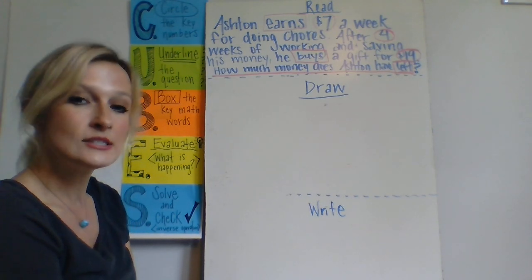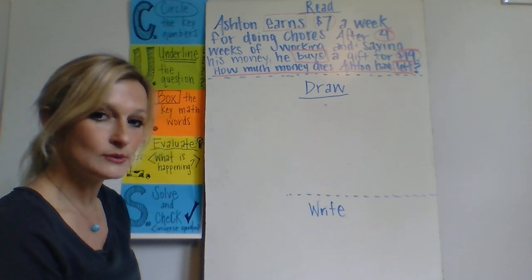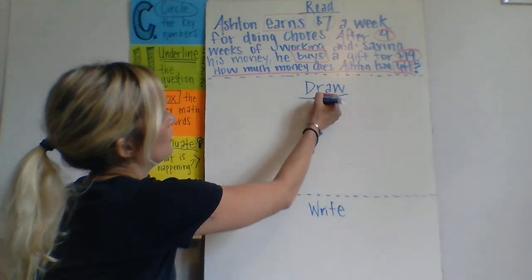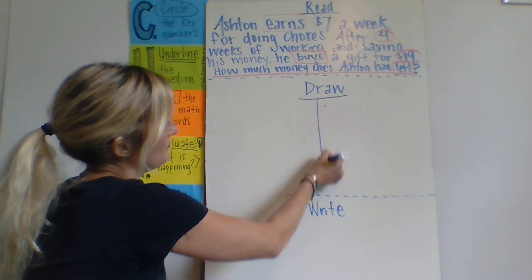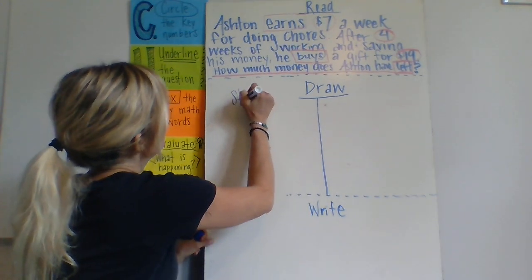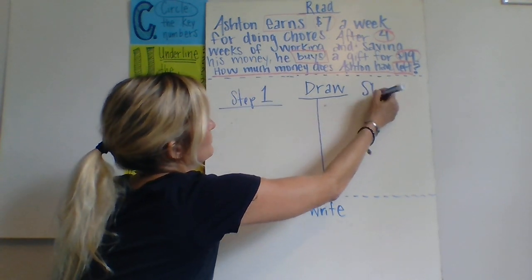All right, so like we do in class, this is a two-step word problem. So what we're going to do is organize our draw into two parts. Step 1, step 2.